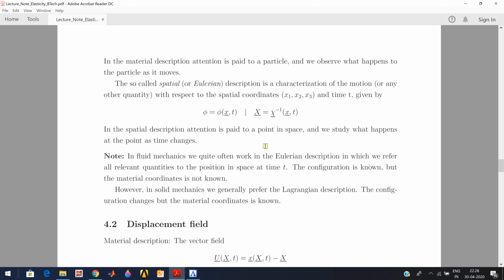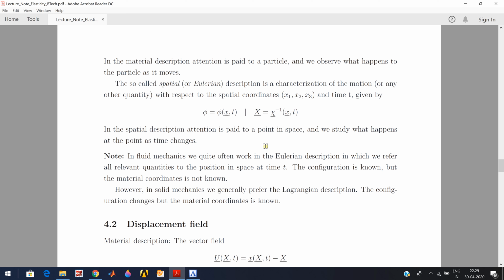Whereas, let us say the same traffic police is standing at a traffic signal, and you are just seeing how different cars pass that signal, and you are recording when they are speeding, when they are stopping, when they are decelerating, accelerating, etc. So you are focusing on a particular position and seeing what is happening to different cars, how their position, velocities, and accelerations change with respect to time.